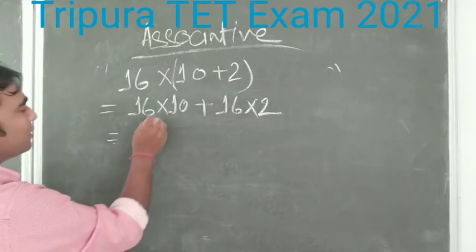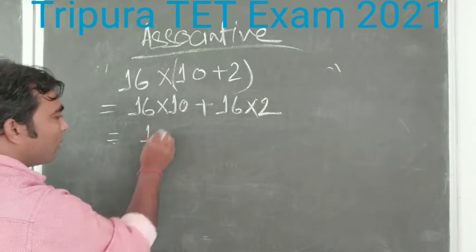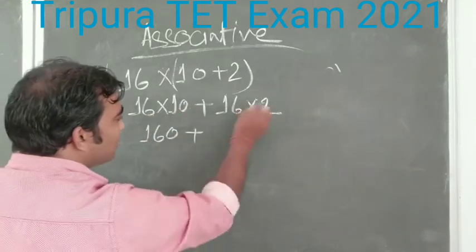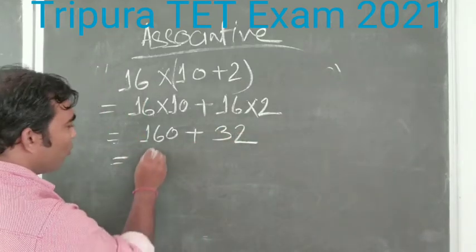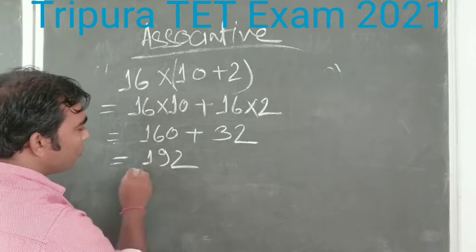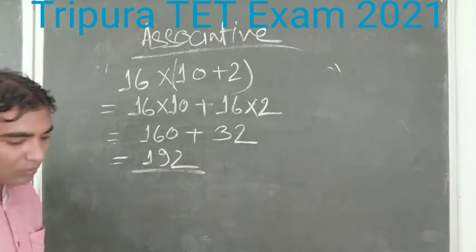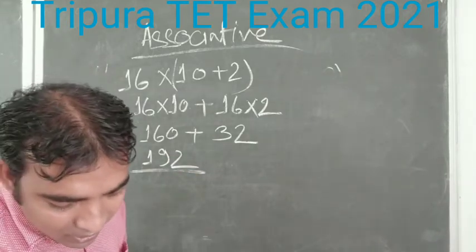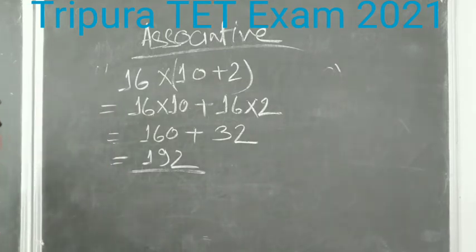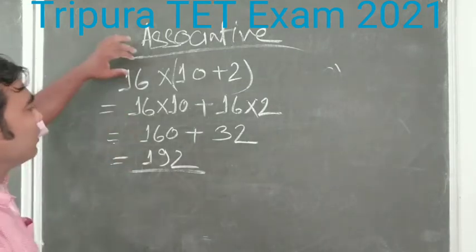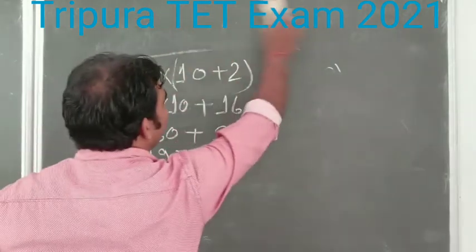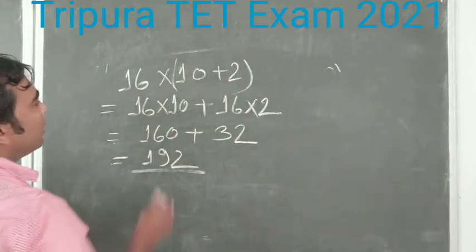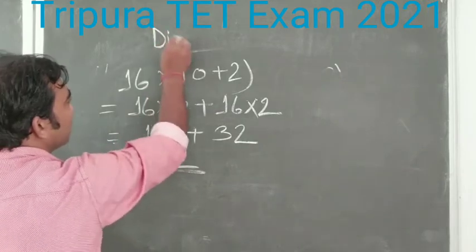So we will get 16 into 10, that is 160, plus 16 into 2, that is 32, which gives 192. So this one we can say is the distributivity of multiplication over addition. This property is known as the distributive property.